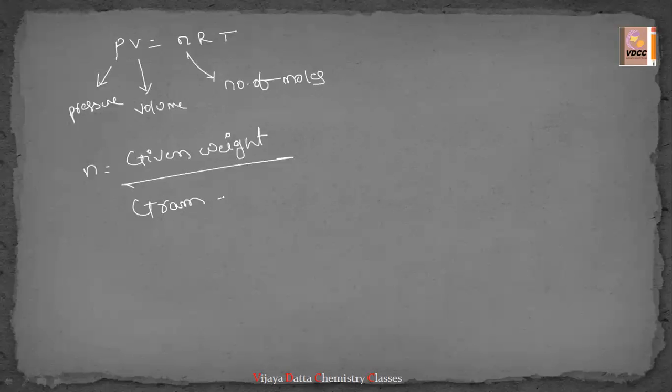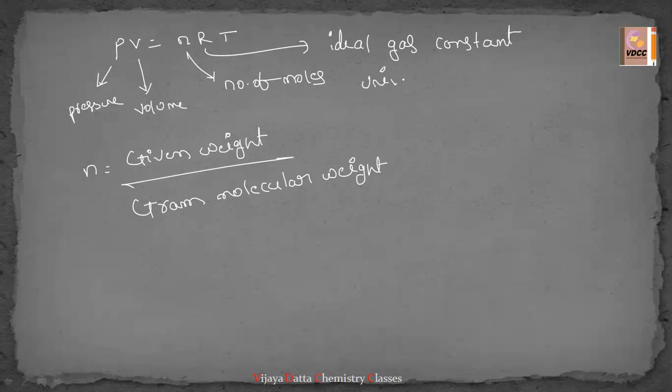R is the ideal gas constant, or universal gas constant.